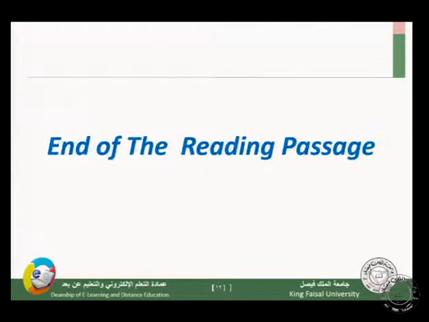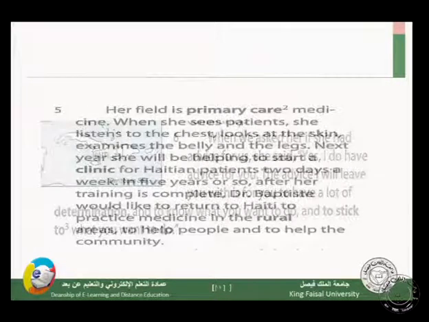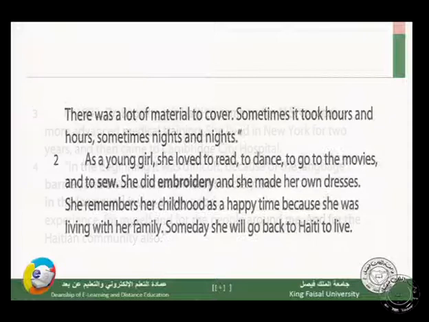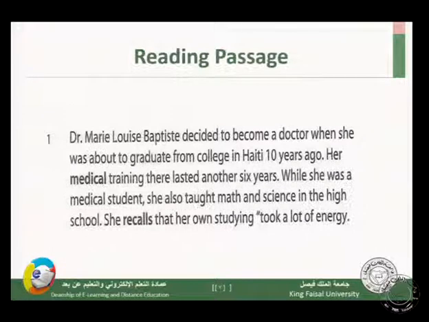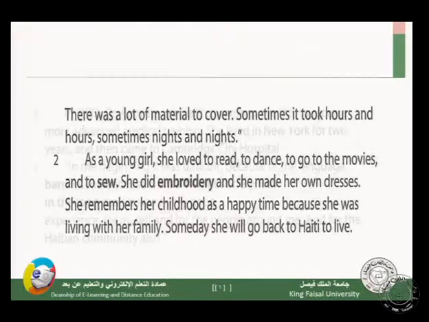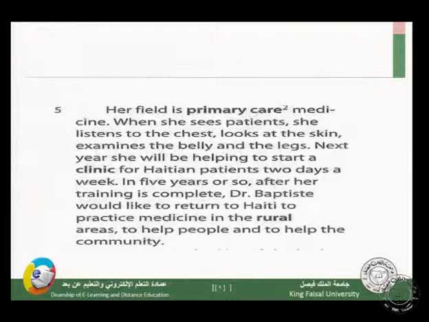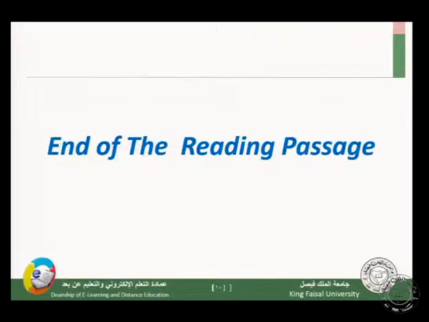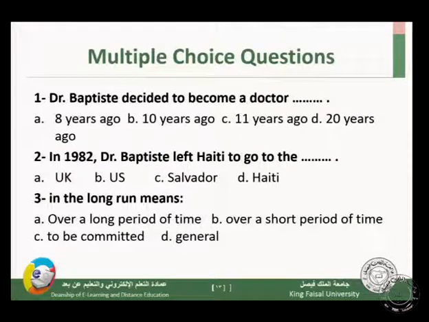If we go back to the passage, first paragraph, in the second line: when she was about to graduate from college in Haiti 10 years ago. So she decided to become a doctor 10 years ago. So the answer here, number 1, will be B, 10 years ago.